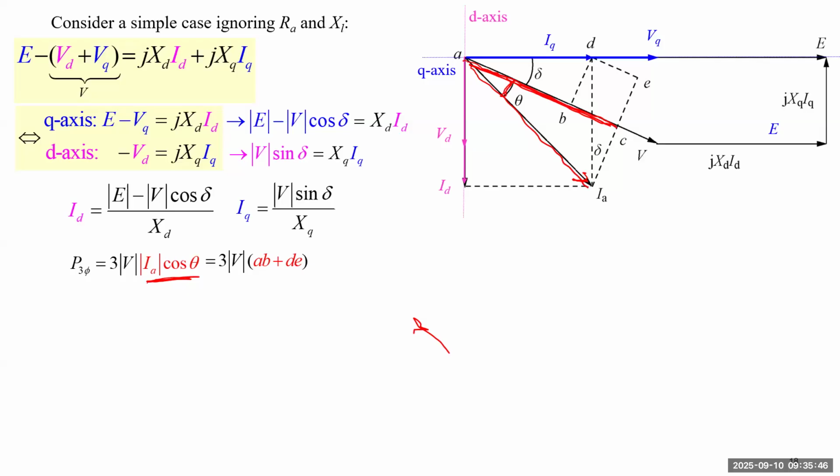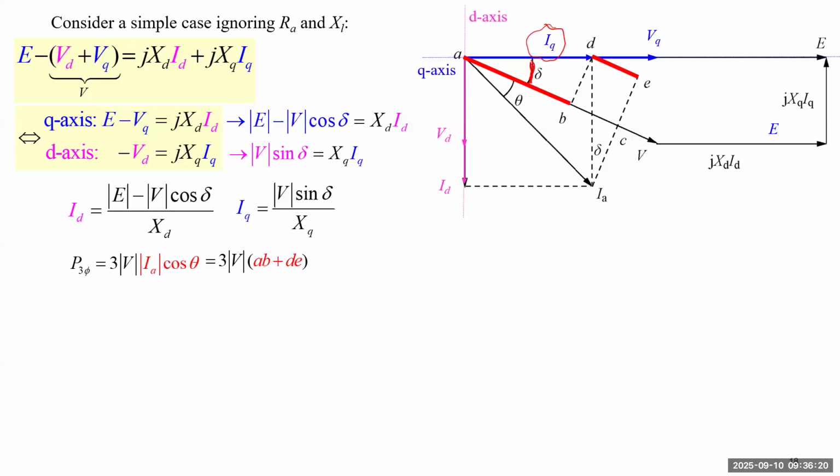On the figure it is equal to two segments: one is A to B, the other is D to E. So what is A to B? For A to B, we can utilize the length of IQ and multiply it by cosine delta. We utilize this triangle, with this angle delta.